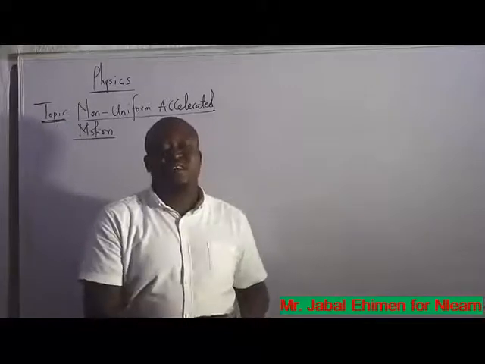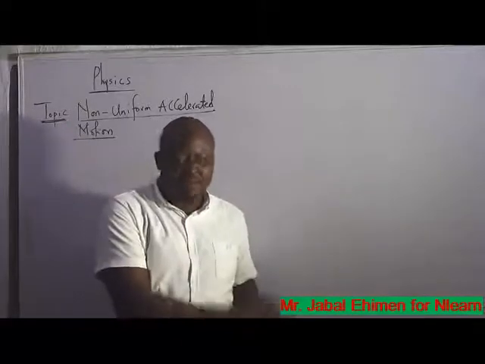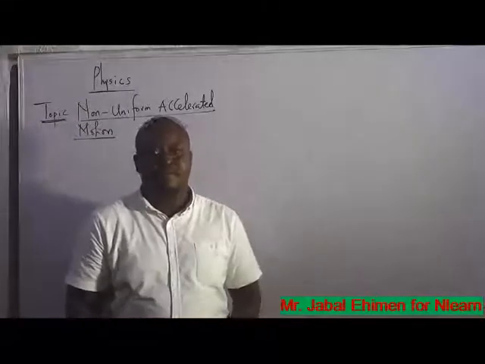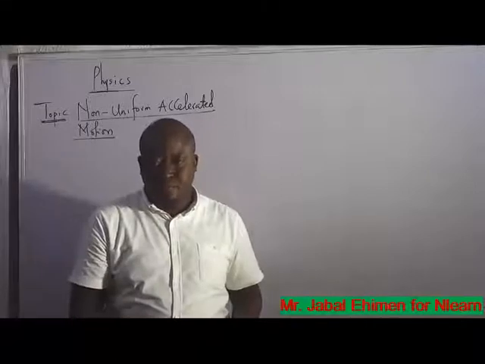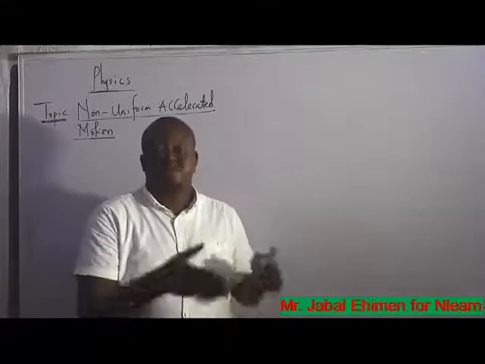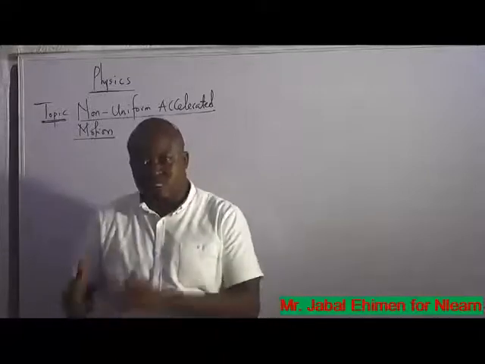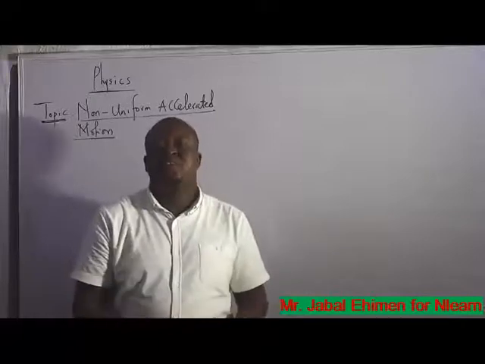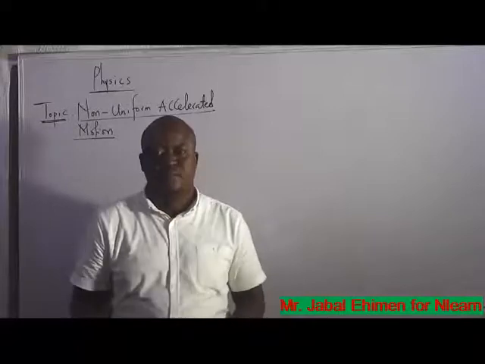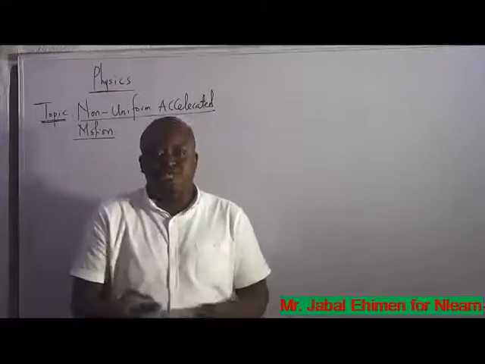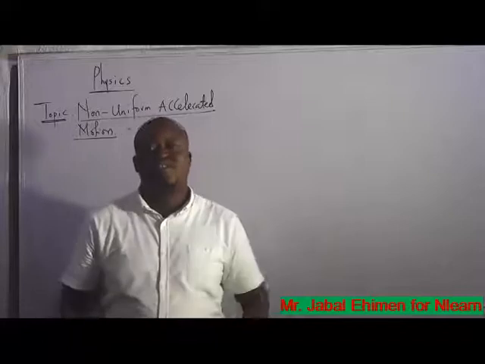Velocity is displacement divided by time. When the rate of change of displacement of a body is not constant with time, then that body has a non-uniform velocity, because the rate of change of displacement with time is not constant.